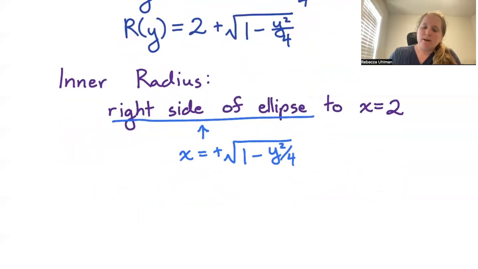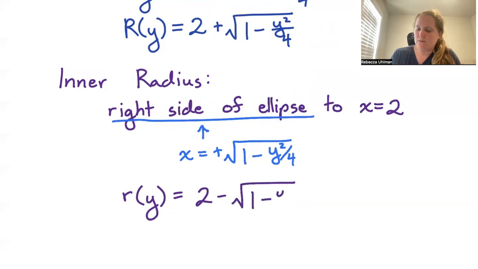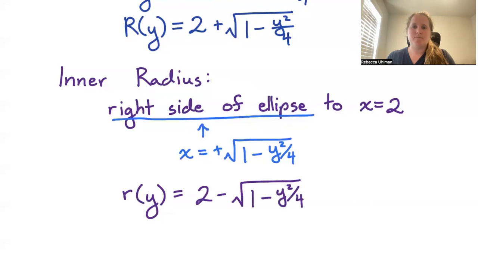So our inner radius, lowercase r of y, is 2 minus the square root of 1 minus y squared over 4. So anytime I've been doing my radius as blah minus 0, that's been treating it kind of as we're rotating around x equals 0 or y equals 0.